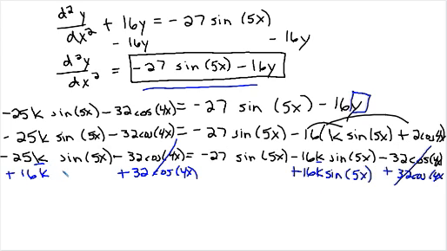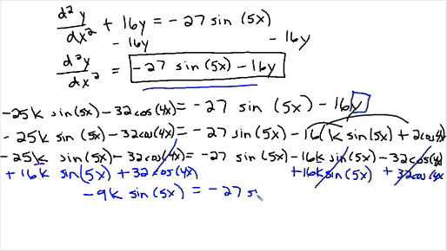On this side they go away. And on this side, the only thing I have now is negative 9k sine of 5x equals negative 27 sine of 5x. And right here is my k that I want.